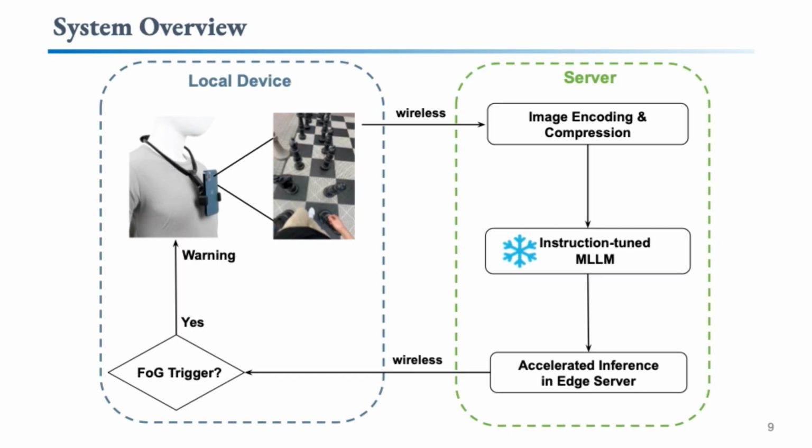Once a trigger is detected, the server sends a warning back to the mobile device. We used accelerated inference to maintain a fast enough intervention time to alert the patient before they reach the location of the triggers, and to keep the mobile side lightweight and responsive.